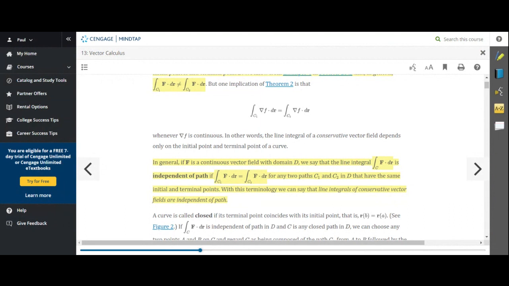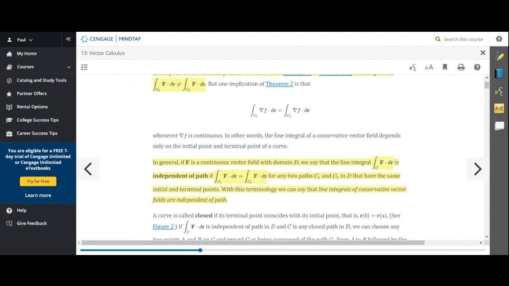And that would be true for a conservative vector field. A gravitational field is an example of this. I'll show you an example here.